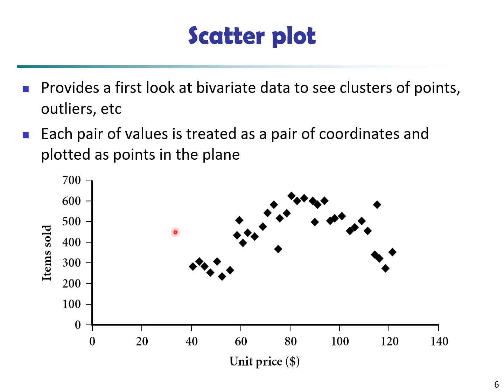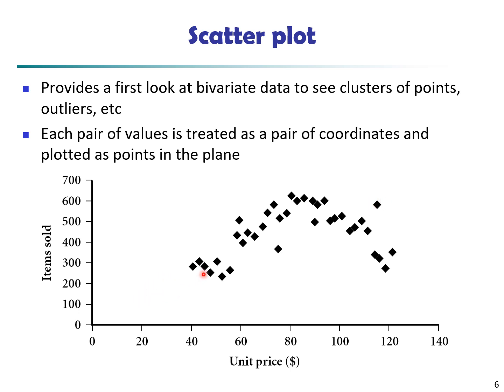Now we also have the scatter plot, and the scatter plot will actually show a comparison between two attributes, unit prices and items sold, and it will show how data is distributed. It will also show outliers, so you can see here that there are some outliers.